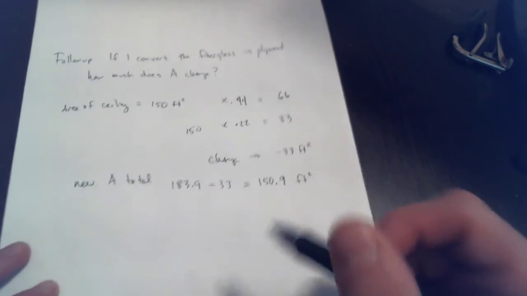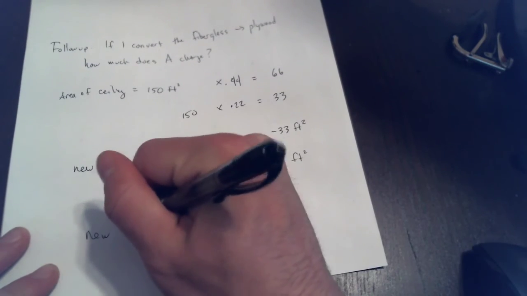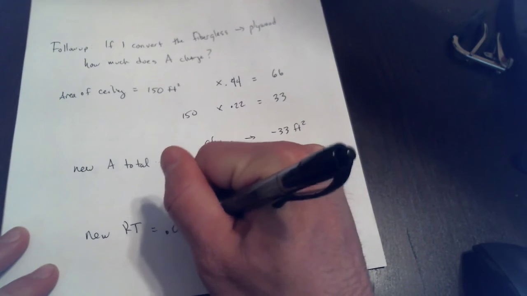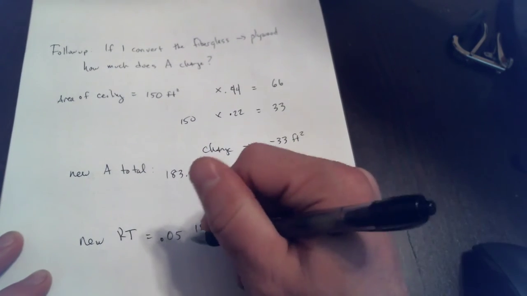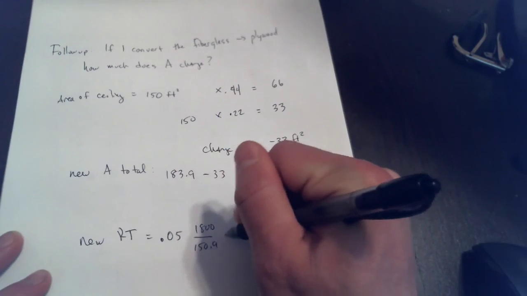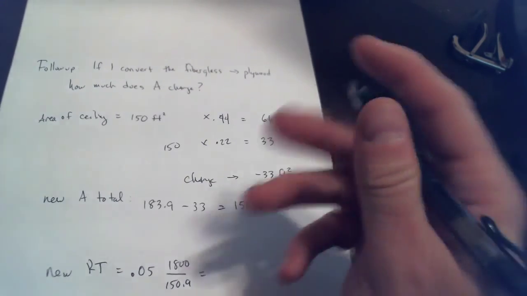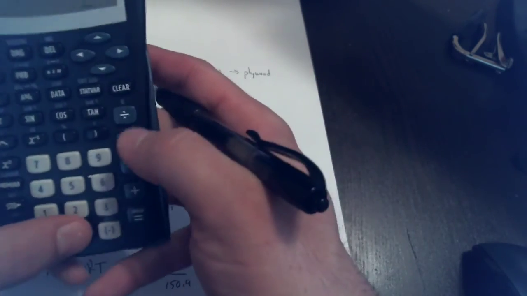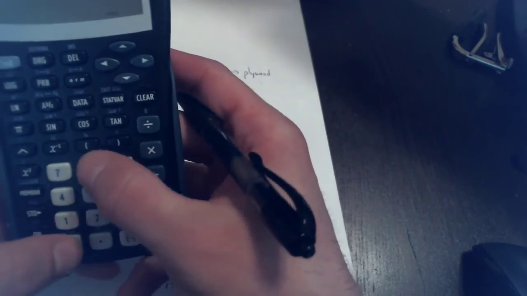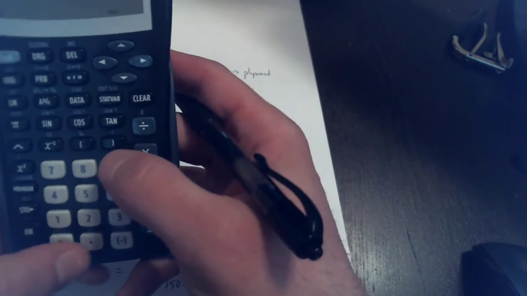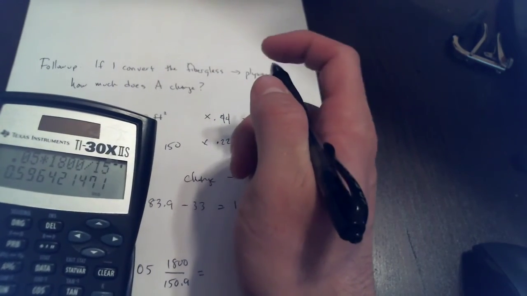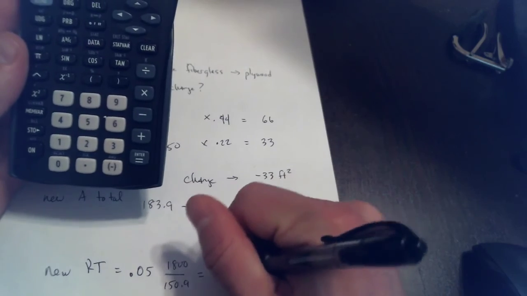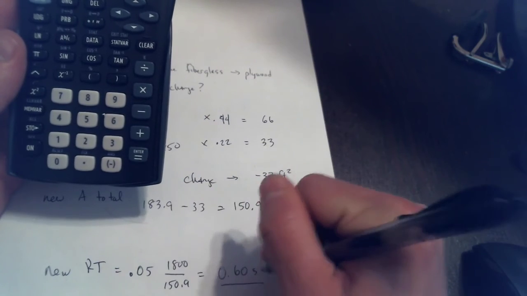So you take that away, and then the new reverberation time is 0.05 times 1800 over 150.9 now. And let's see what that turns out to be. All right. I get 0.60 seconds.